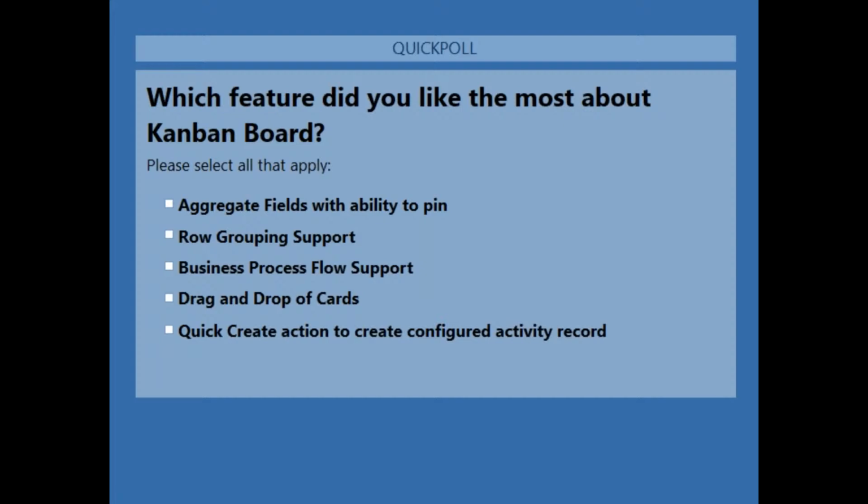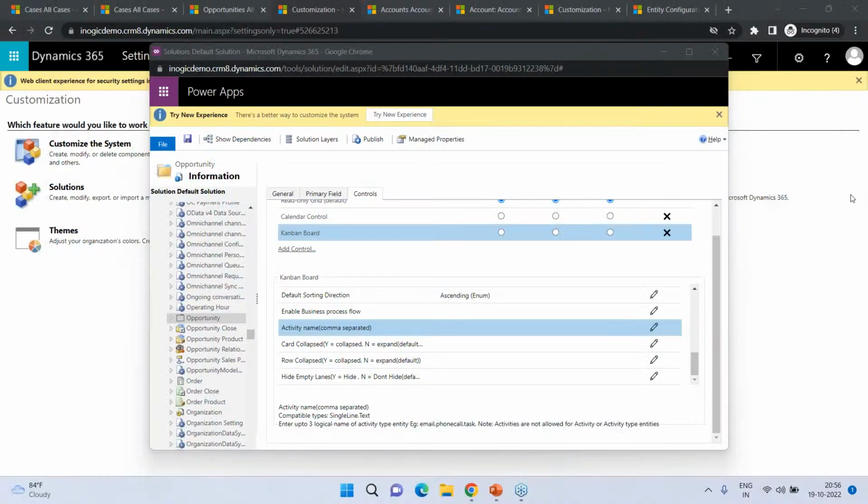Oh, perfect. Thank you very much for casting your vote. And before I move ahead, let me tell you, the clear-cut winner over here was drag and drop of the cards. However, the rest of the features, especially the row grouping support and the business process flow support, were not much behind.